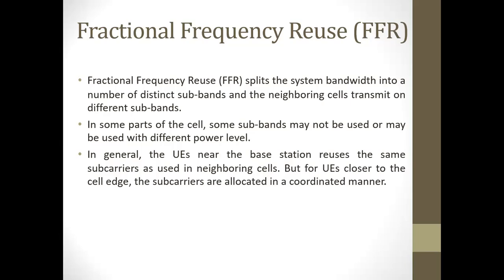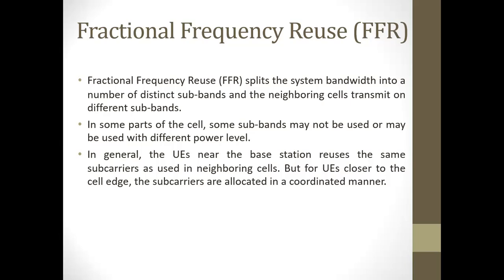Otherwise, why would they use very high power? And also that high power has to reach the neighboring base station. That's also possible when the user is close to the border, so it's also close to the border of the other cell. The cell edge users have a problem.